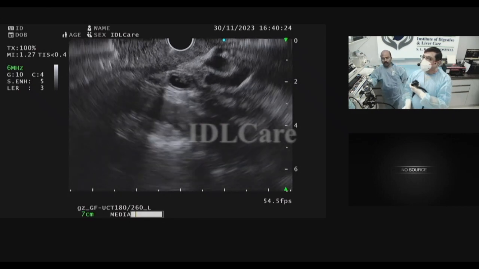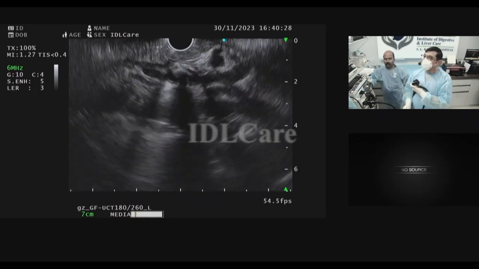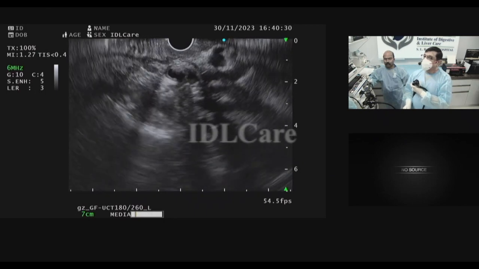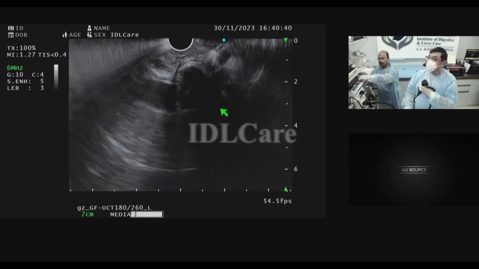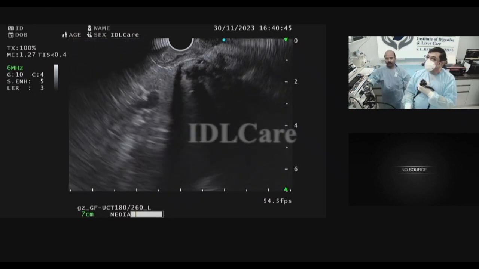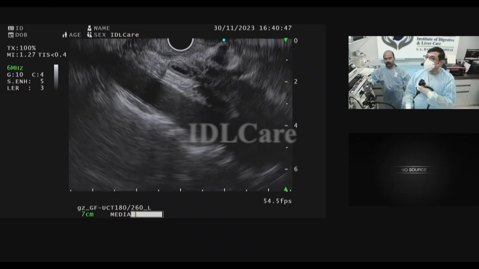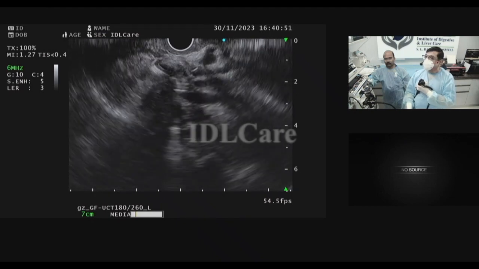Above the pancreas now, you see some sludge, and there is the stone. See that? Please. So this is the stone here. Now, frankly, I don't know whether this is in the bile duct or whether it's a Mirizzi kind of situation.